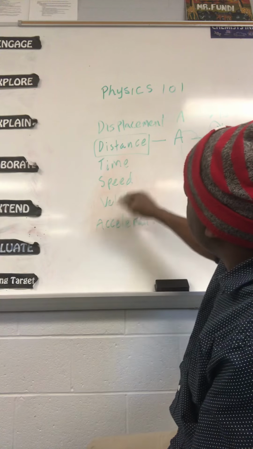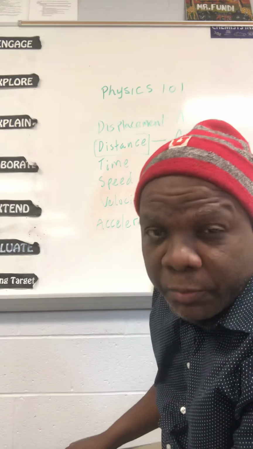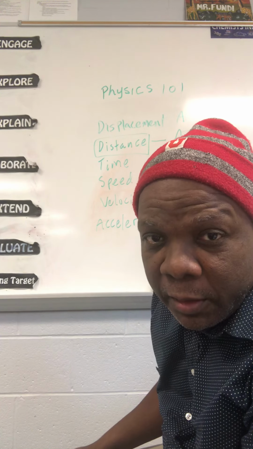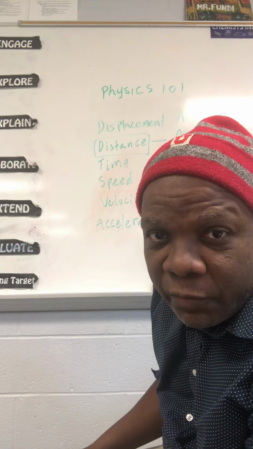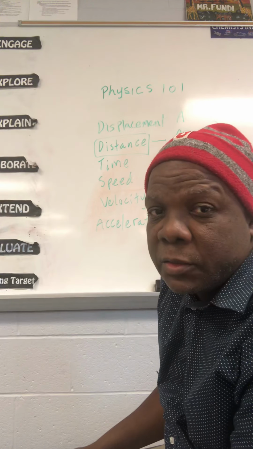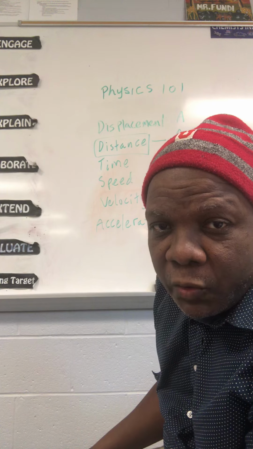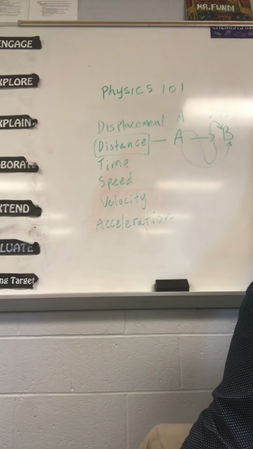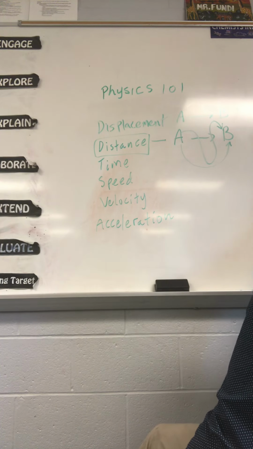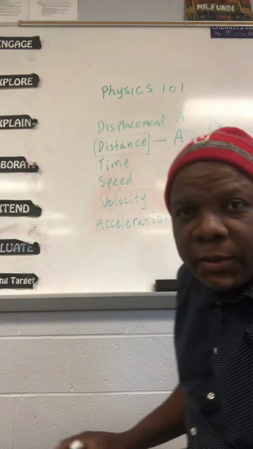Distance is just any length covered between point A and point B. If we use the SI unit of measurement, distance is represented by a unit called meters. So all this is going to be in meters.